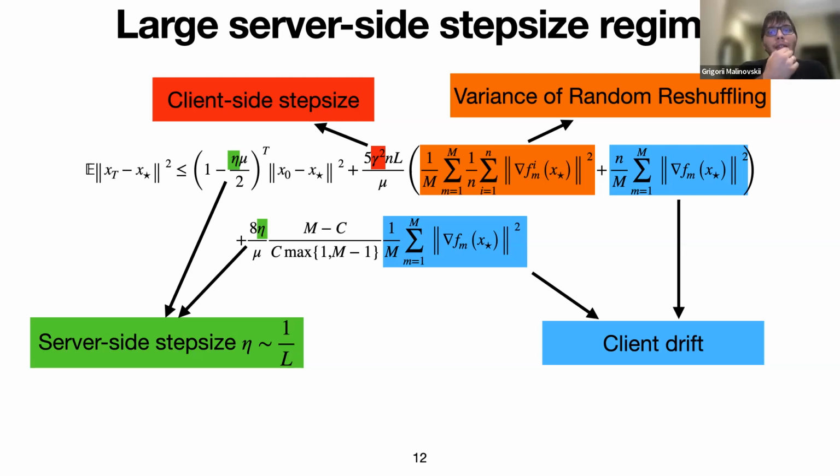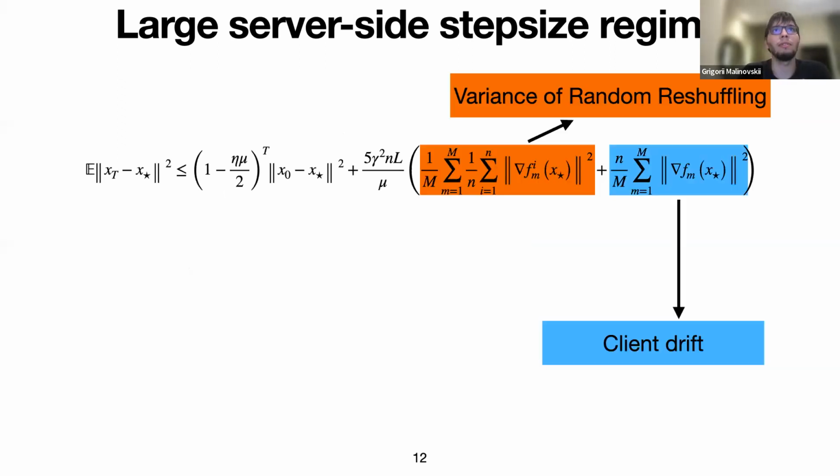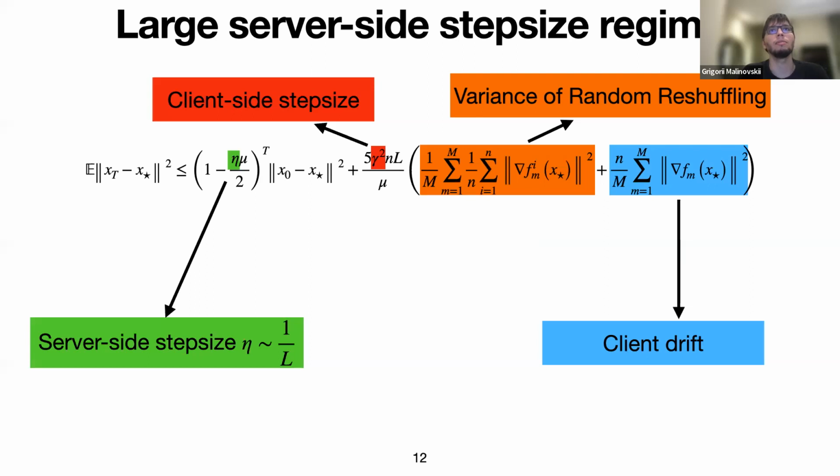We can say let the first term be smaller than epsilon divided by 2, and the second and third terms together also less than or equal to epsilon divided by 2.